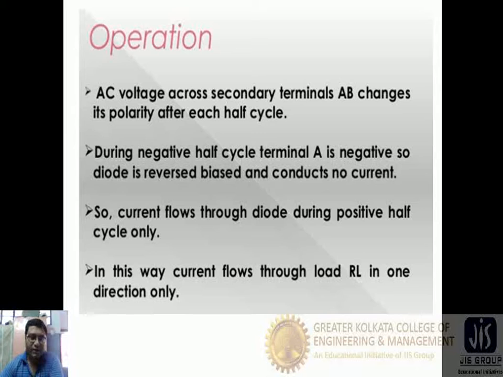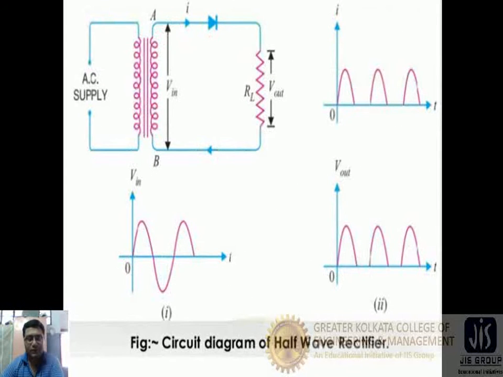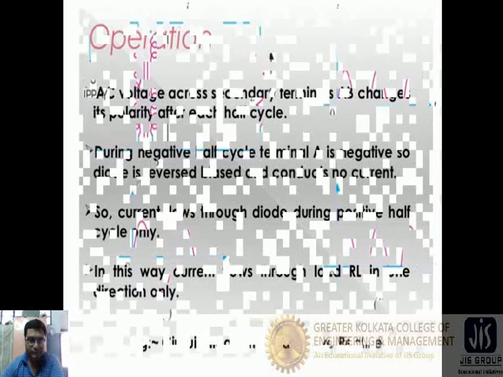During the negative half cycle, the terminal A is negative, so the diode is in reverse bias and conducts no current. So current flows through the diode during the positive half cycle only. In this way, current flows through the load resistance RL in one direction only. This is the operation of the half-wave rectifier.